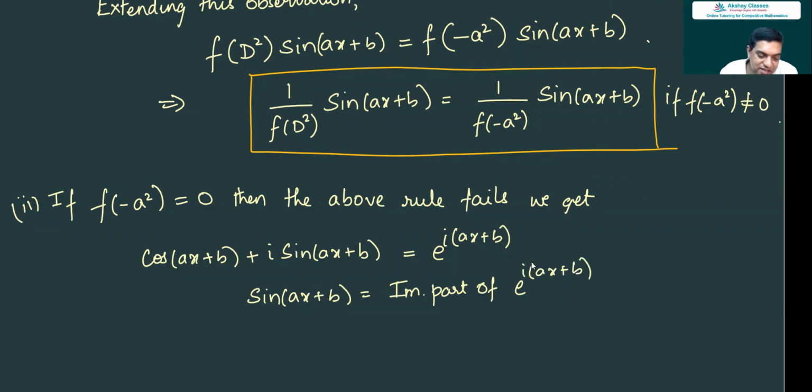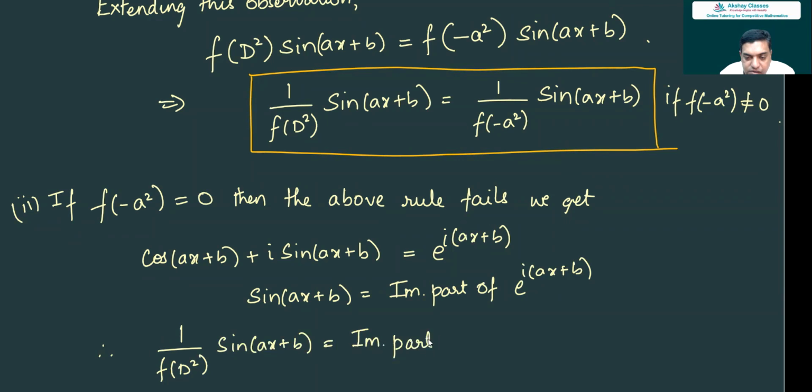So we will use this. Now, therefore, 1 by f of d square sine of ax plus b is the imaginary part of 1 by f of d square e power i of ax plus b.